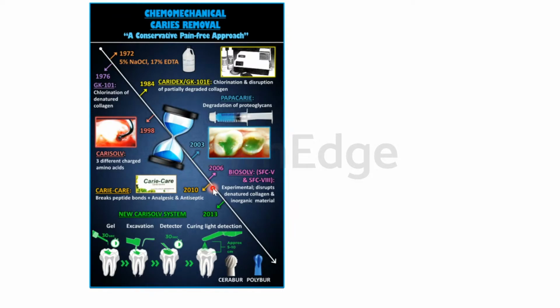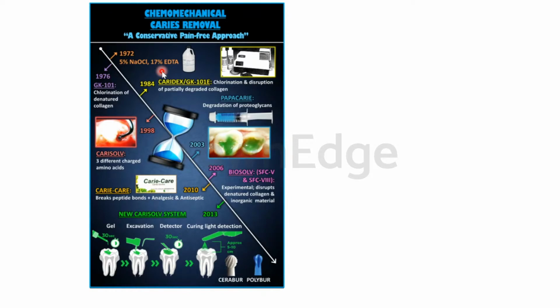All right, so that is why this reagent came to be known as GK101, which is the prototype liquid, out of which Caridex was made, which is GK101E. This also helped in chlorination and disruption of partially degraded collagen.